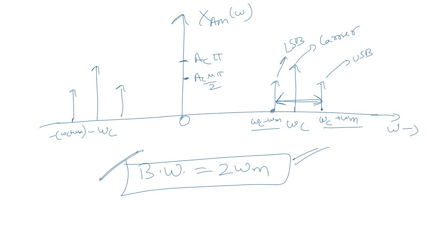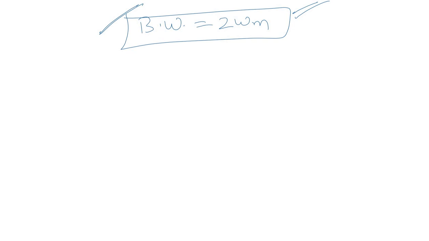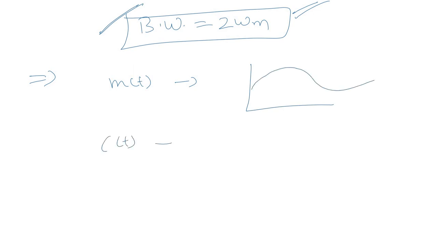Now let us analyze this conventional amplitude modulated signal with a different perspective. Let's say our message signal, which is a low frequency sinusoidal signal, is something like this. I'm just giving you rough sketches.